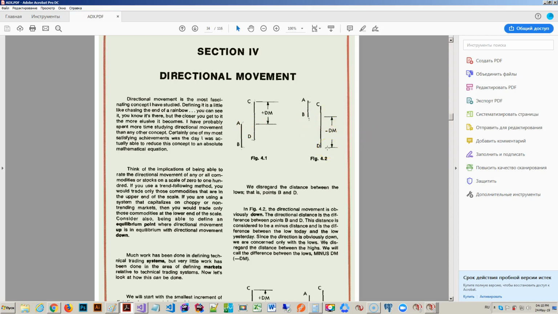In order to come up with this DI indicator, which you'll see in a second, you've got to calculate this DM. We're going to go through the theory and the math first, and then I'll show you the code.